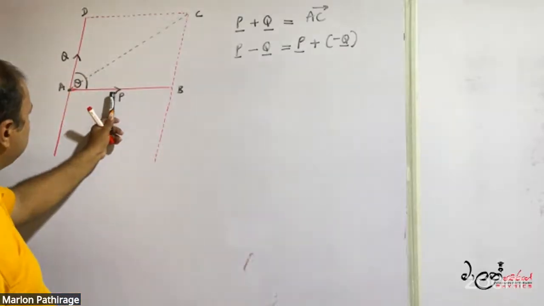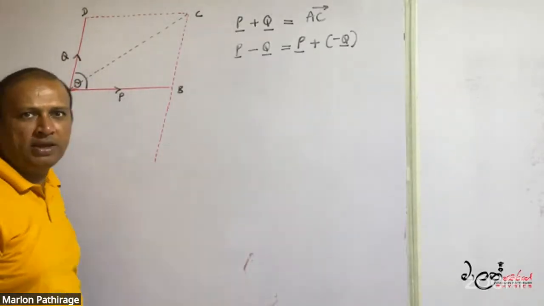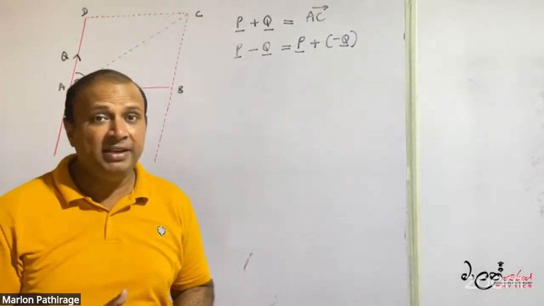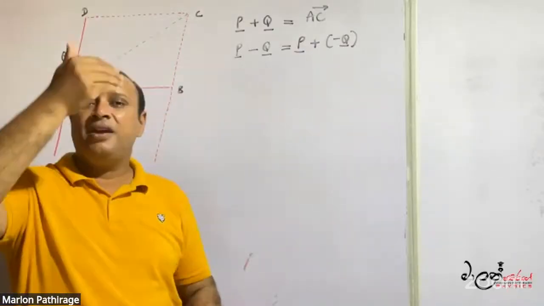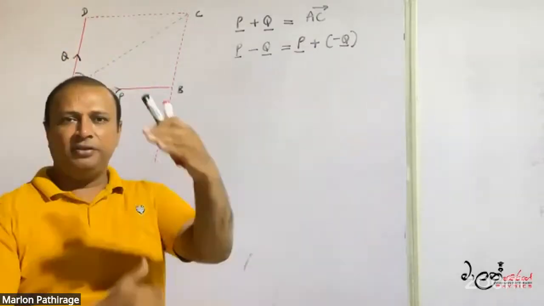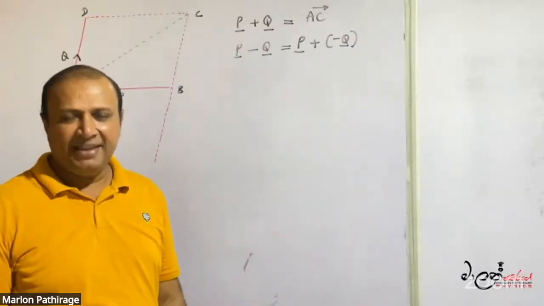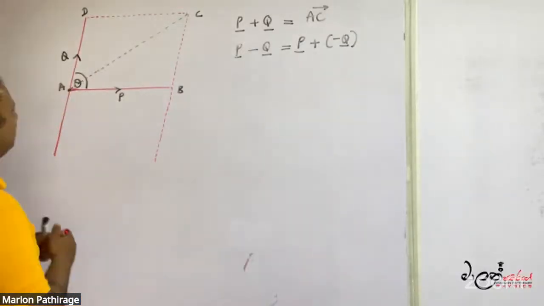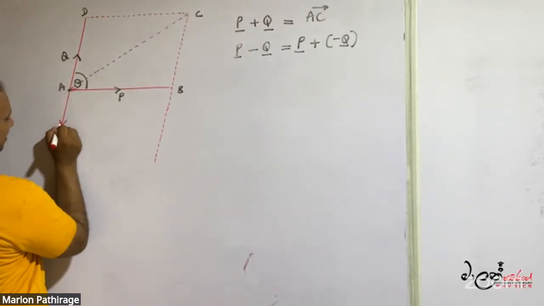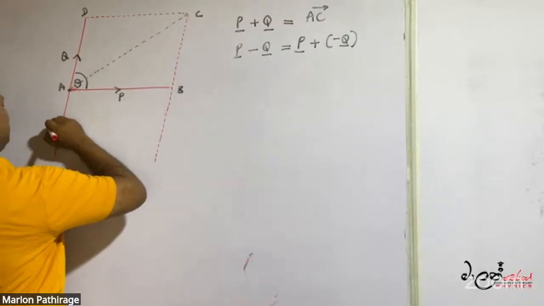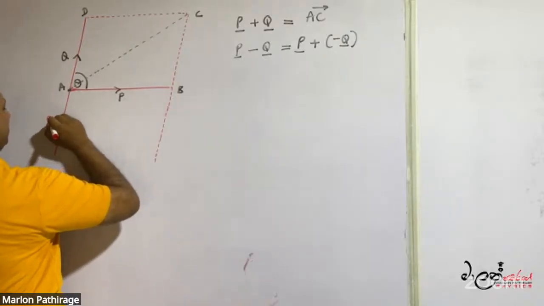How to determine the negative Q vector? You have to reverse that vector. This is the negative Q vector.